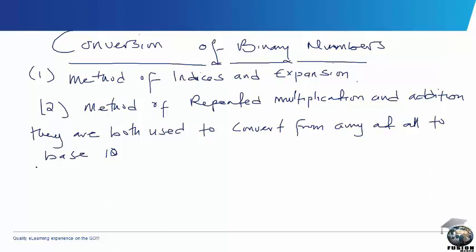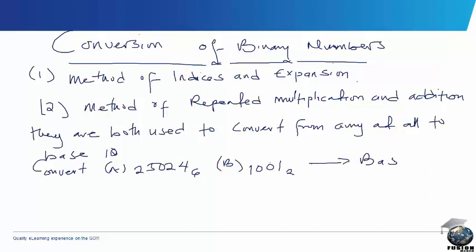Assuming we want to convert the following numbers, like you're told to convert: A, you have 25024 in base 6, and B, you have 1001 in base 2, and you are told to convert these 2 to base 10. Now there are methods that could help you execute this without making so many mistakes.